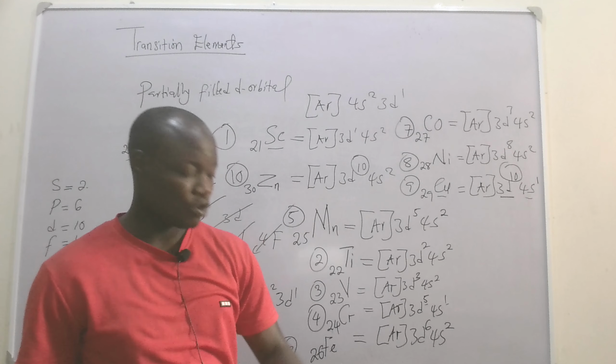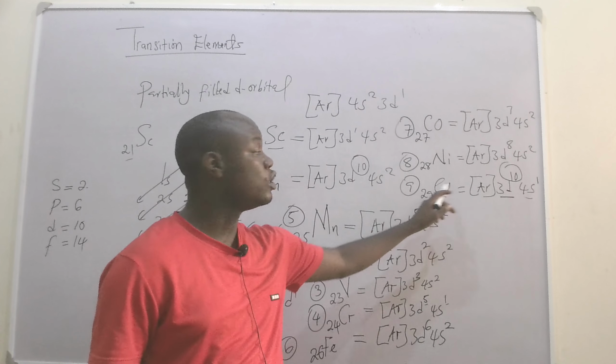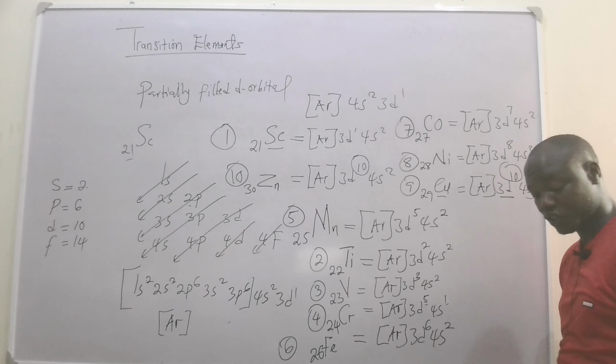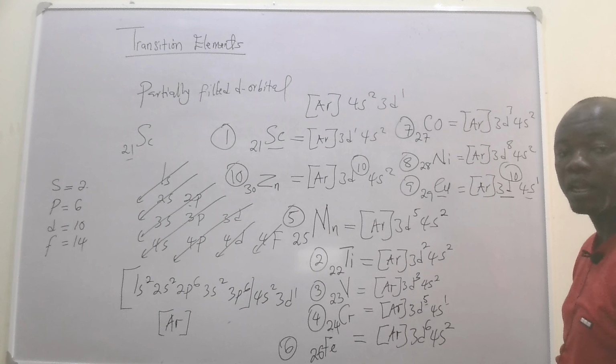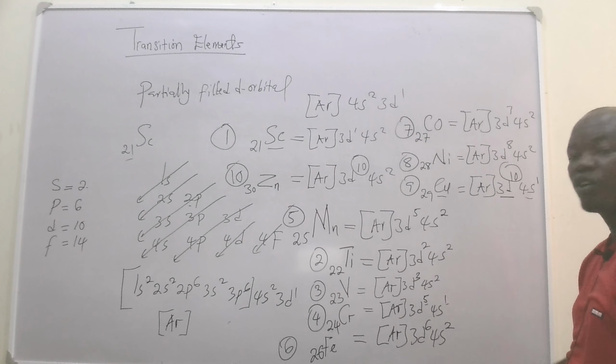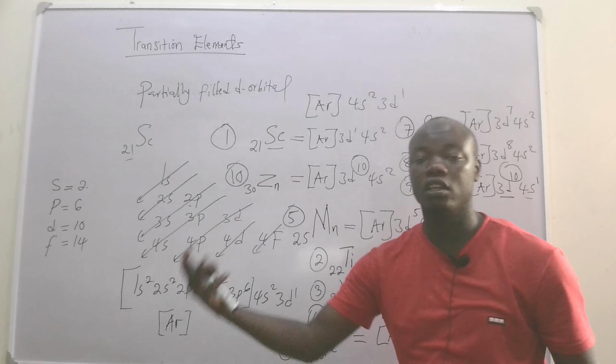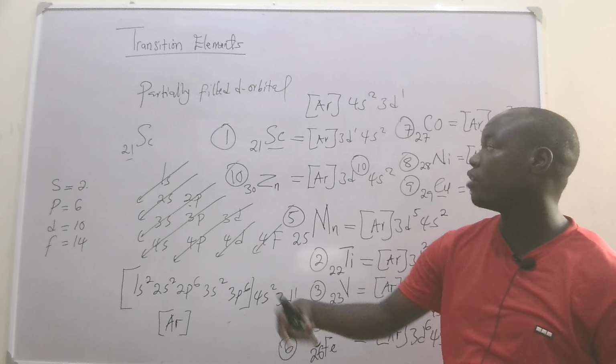The answer is no. One thing we are going to discuss is the properties of transition elements. As we discuss them, you can see how some of the properties are applicable to some and may not be applicable to others.